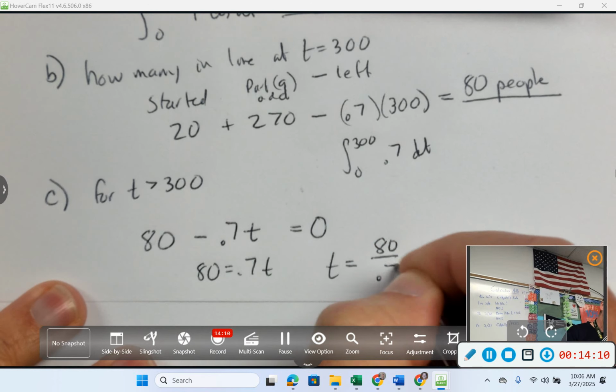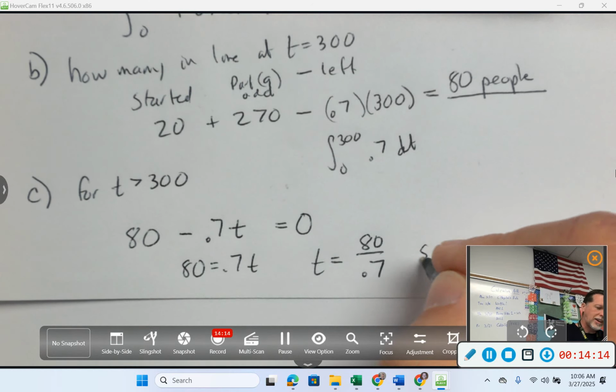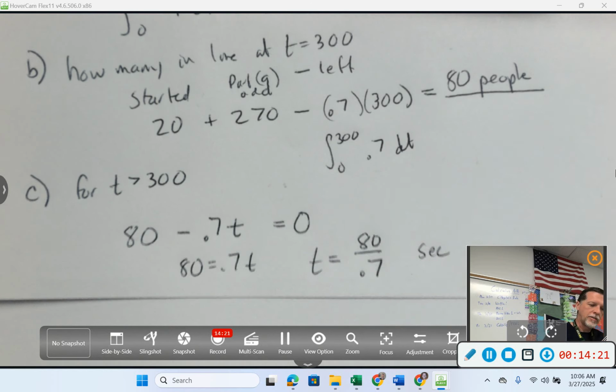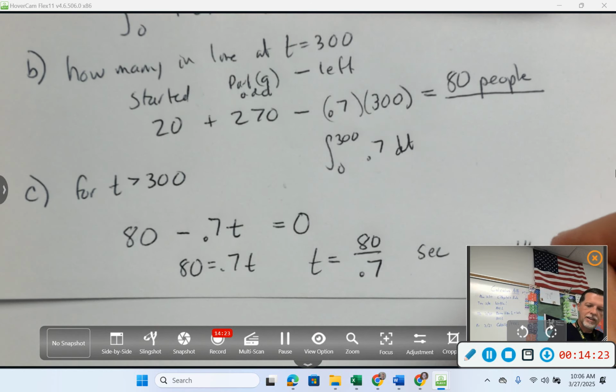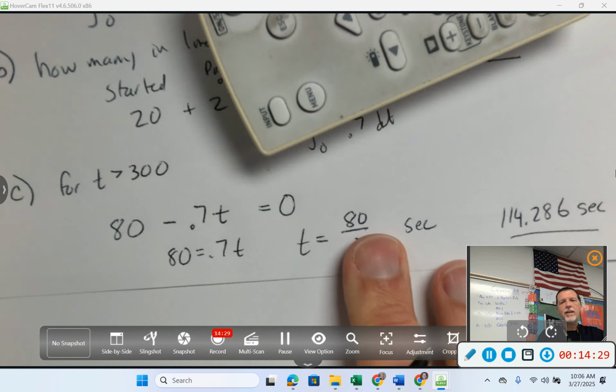So maybe your calculator dies, you just leave your answer as 80 over 0.7. So 114 seconds later. With 3 decimals, 114.286 seconds later.